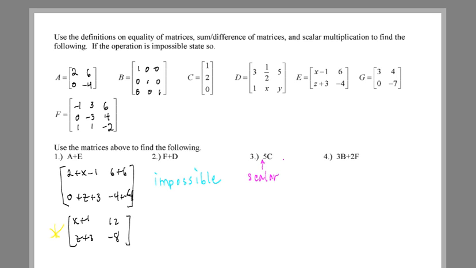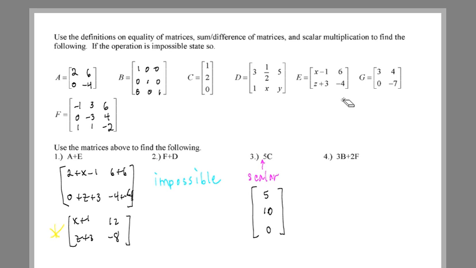So that means take matrix C, which looks like this, and 5c just means you multiply each element in that matrix by 5. Real simple operation. 5c will look like 5, 10, and 0. 5 times 1 is 5, 5 times 2 is 10, 5 times 0 is 0. Again, it's a very simple operation.